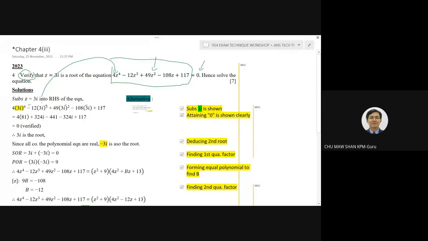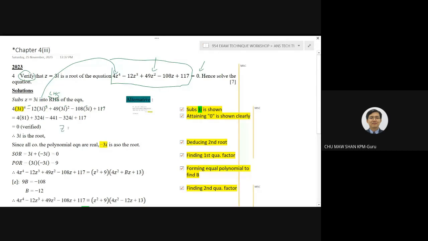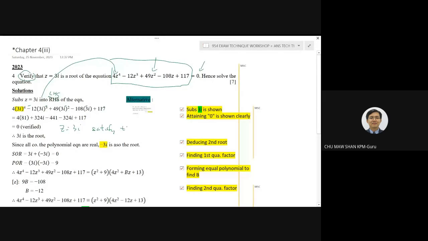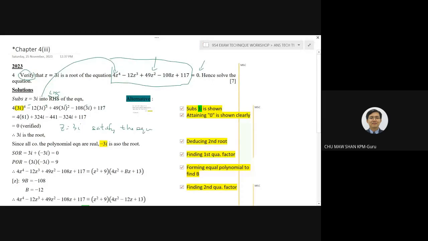Oh, I put wrongly. This will be the left hand side. Sub into the left hand side. Finally, you get 0. Only then you say verify. Maksudnya, it's satisfied lah. Ataupun you tulis Z equal to 3I, satisfy the equation. Or you just simply write bracket, verify. Conclude that 3I is the root.